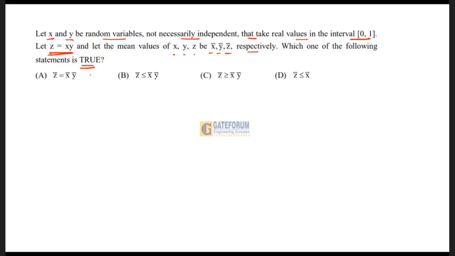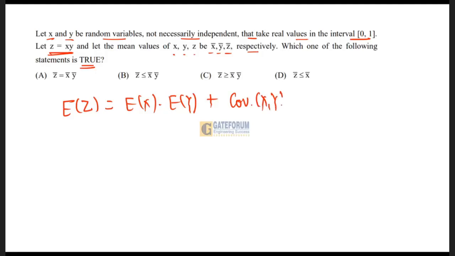So I need to go one by one. If you see here, E of z equals E of x into E of y plus covariance of x comma y, right? Using this.